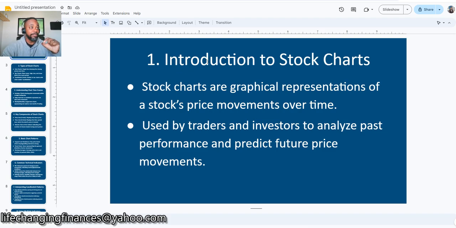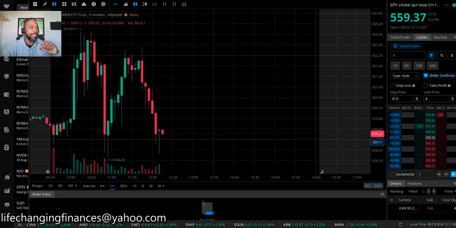Okay. So, first things first is introduction to stock charts. So stock charts are graphical representations of a stock's price movement over time, which I'm sure you guys pretty much know that. Now it's used by traders and investors to analyze past performance and predict future price movements. Very important, right?